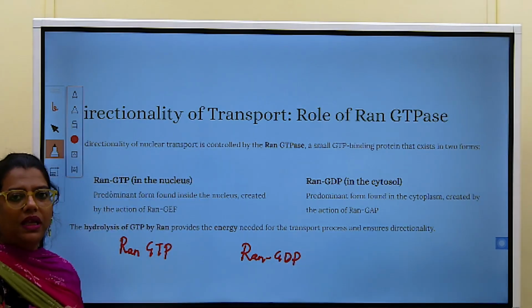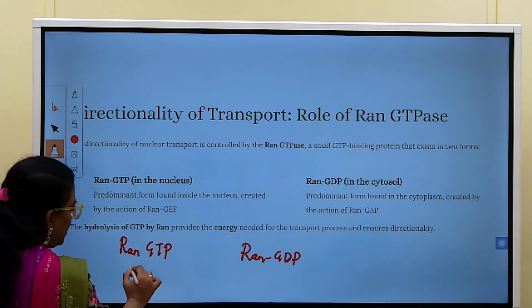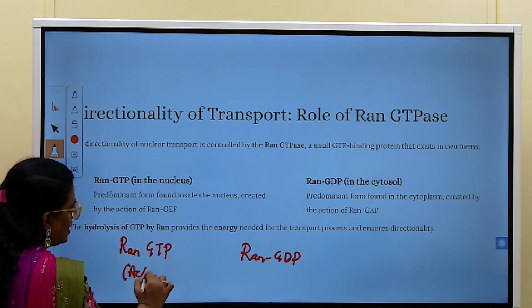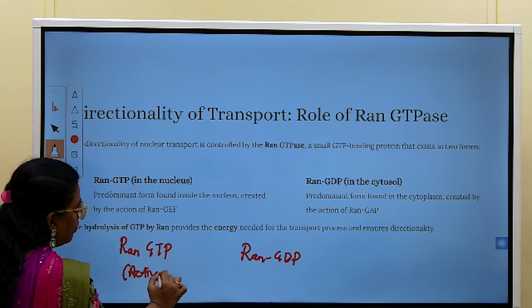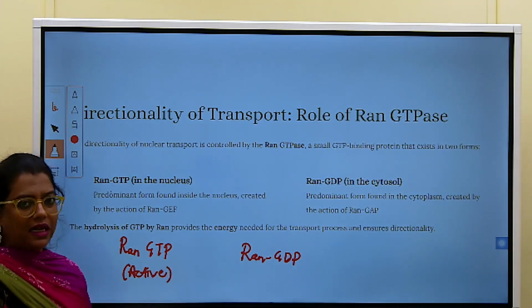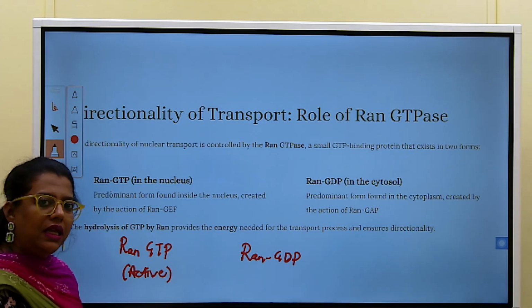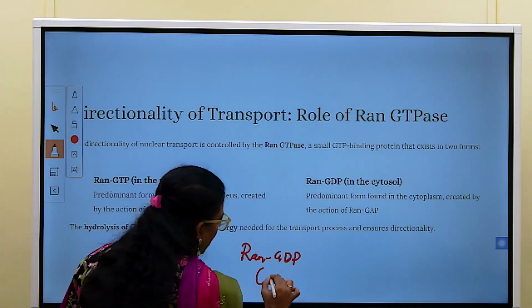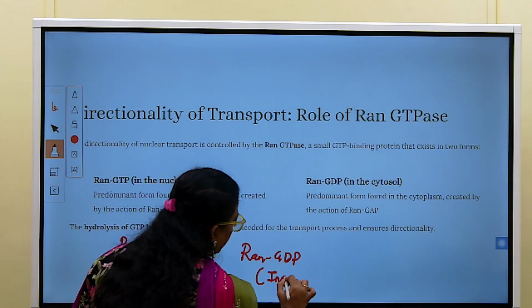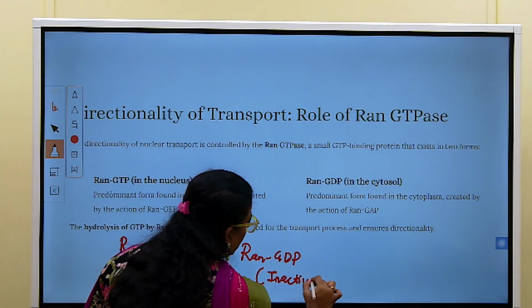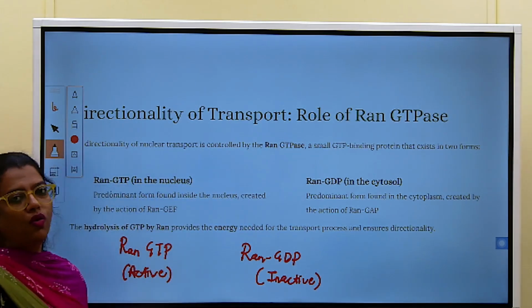RAN GTP is the active form of RAN. Whenever the RAN protein is bound to GTP, it will be in active form. And RAN GDP is the inactive form. So when RAN is bound to GDP, it will be in inactive form.